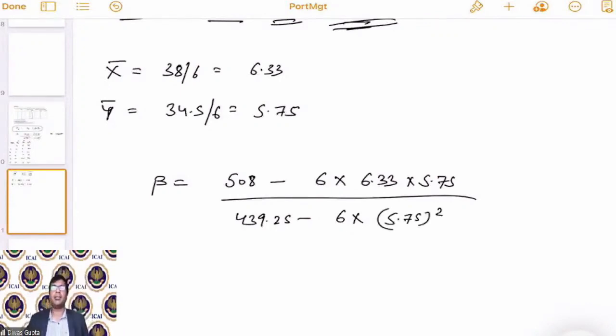Okay, students. So this is the beta formula. And solving this, we will get beta as 1.202.